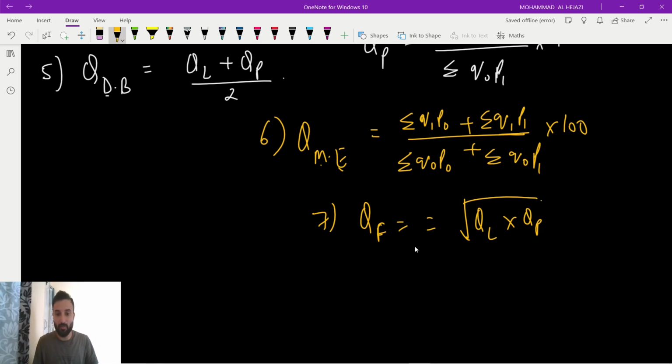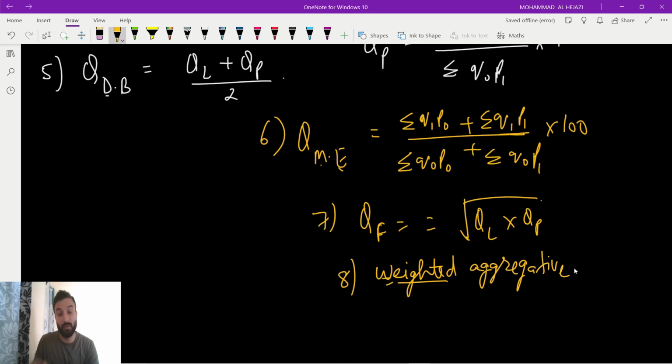And the last one is for weighted aggregative of quantity index number.